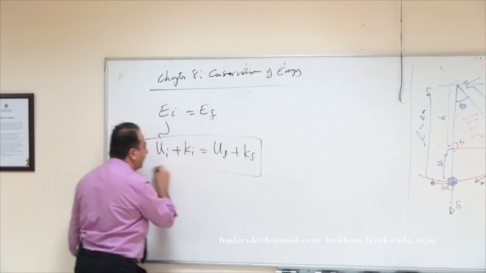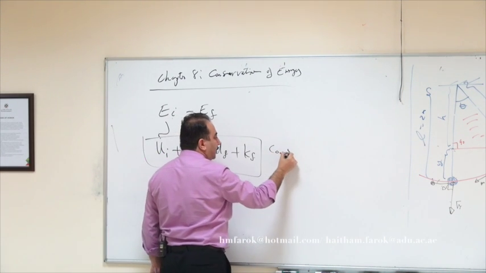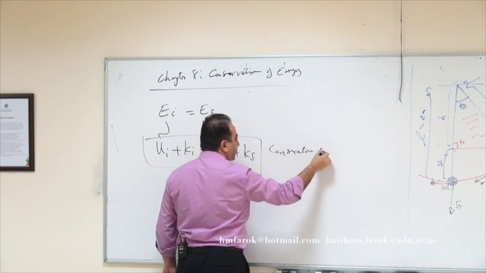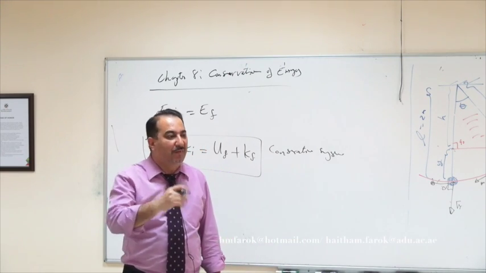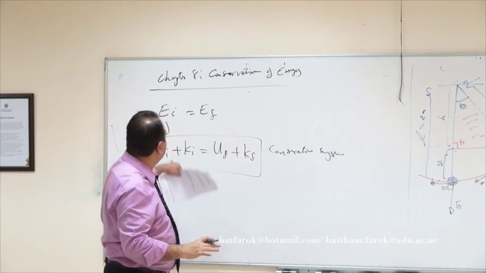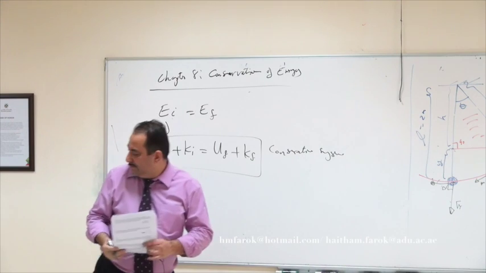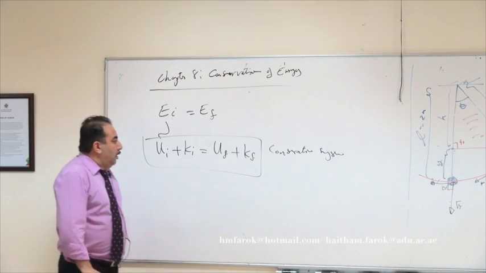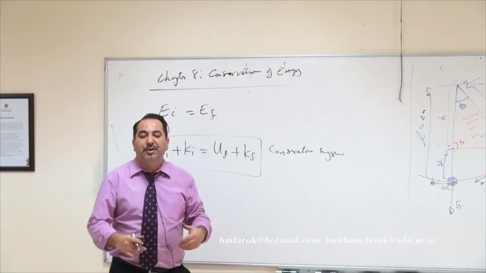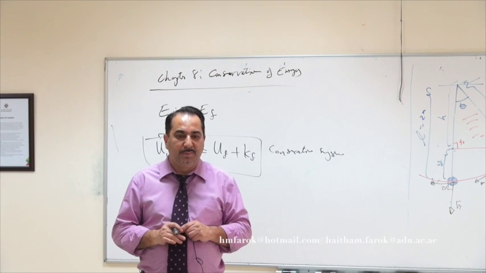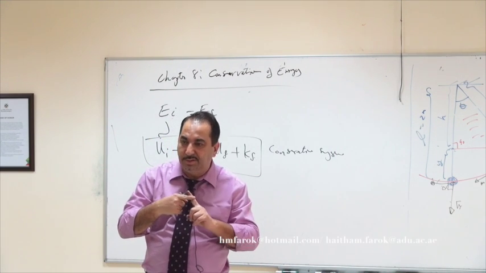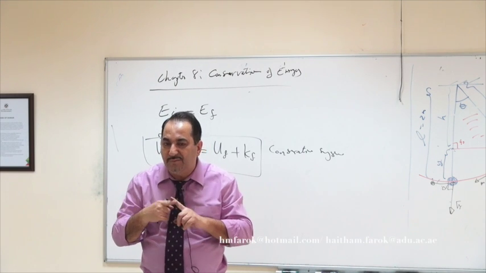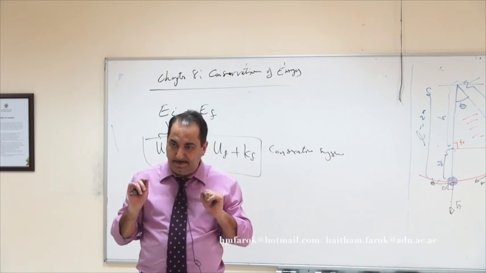This is for a conservative system. For non-conservative, we have another equation, yeah? But let's concentrate on the conservative system now. How do you know your system is conservative? If you don't have friction and you do not have applied forces, yeah?